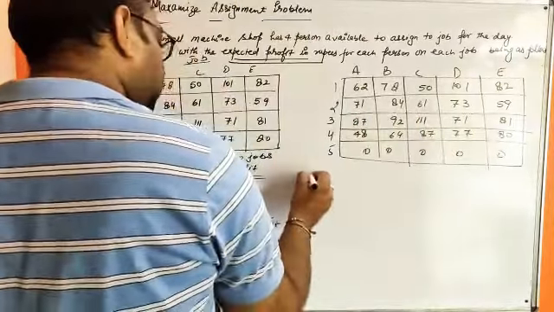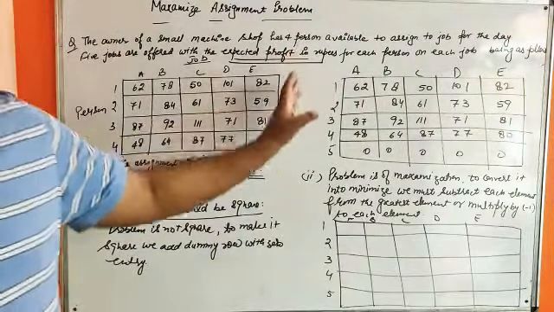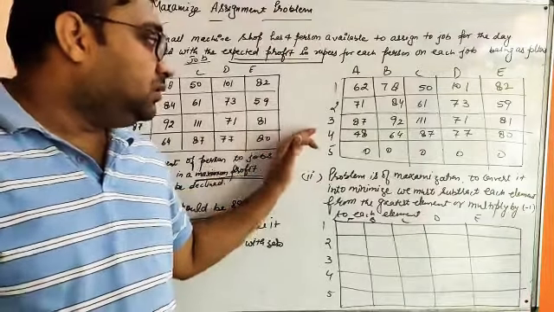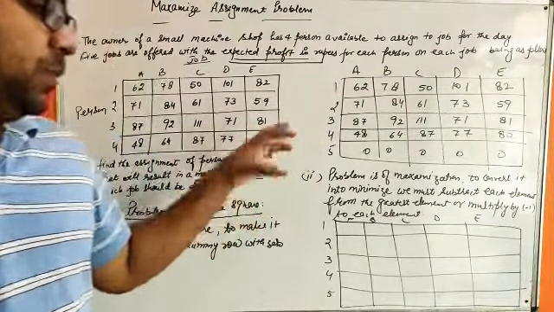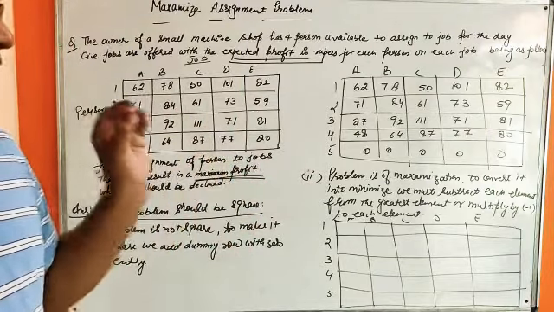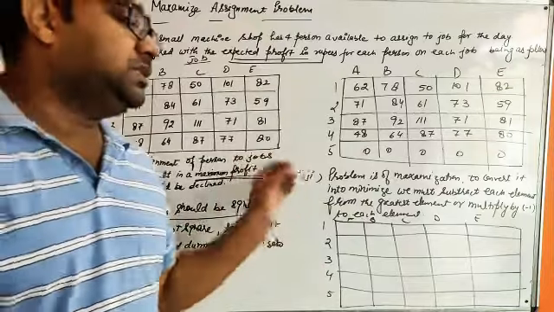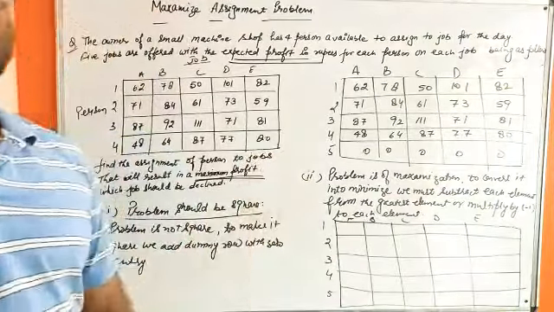The second step is problem should be minimized. See, problem is of maximization and we need a problem of minimization, that is to apply the assignment method, that is the Hungarian method. We have to convert this maximization problem into minimization problem.